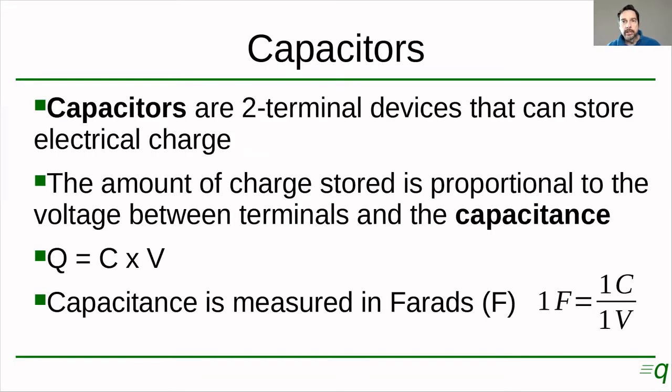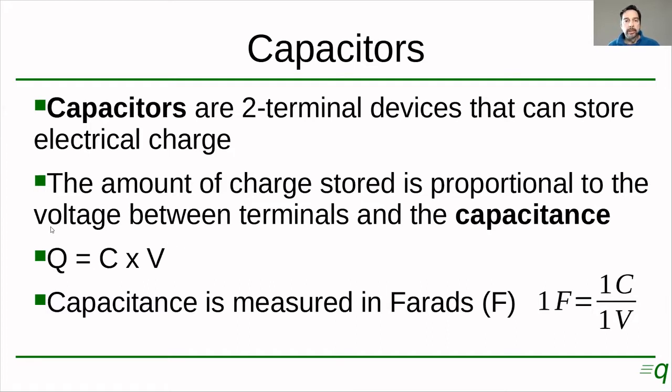Capacitors are devices that have 2 terminals, and the main characteristic of those is that they can store electric charge. The amount of charge is proportional to the voltage between the terminals and the capacitance. The capacitance is the main parameter of a capacitor.